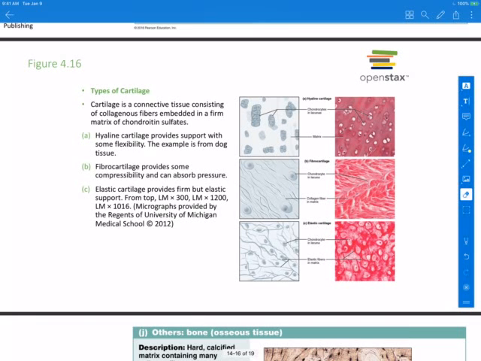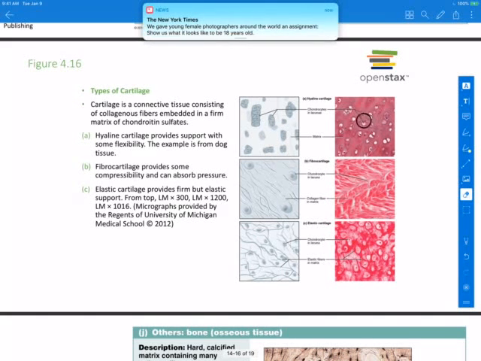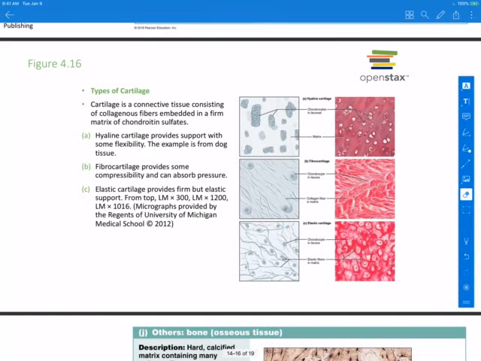The chondroblasts produce the ground substance, and when they're mature, they become chondrocytes. And chondrocytes are found in little lacunae, just like osteocytes are found in lacunae in bones. A lacuna is just a little space that houses the chondrocytes. So the chondroblast basically secretes the ground substance, and then it becomes a chondrocyte in a lacuna, much like bone.